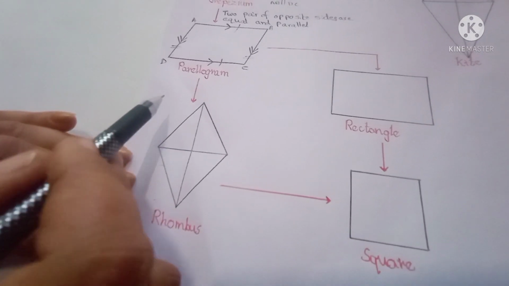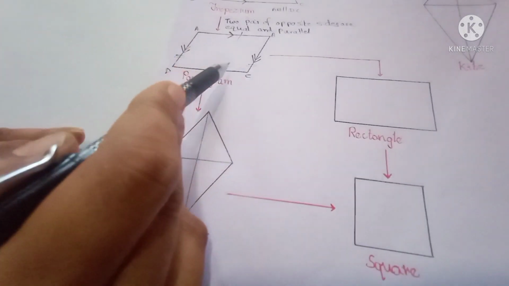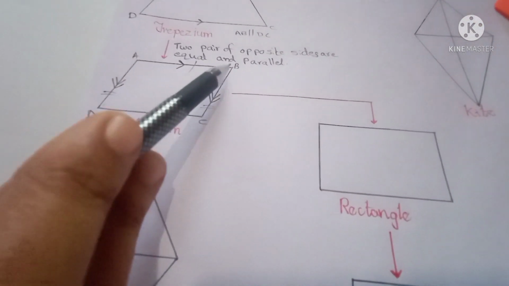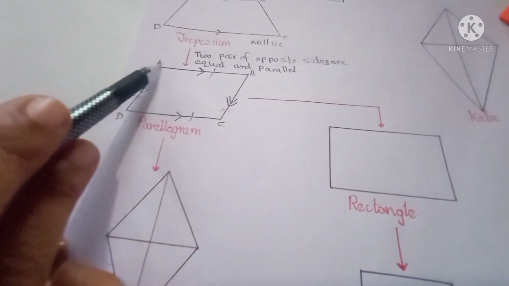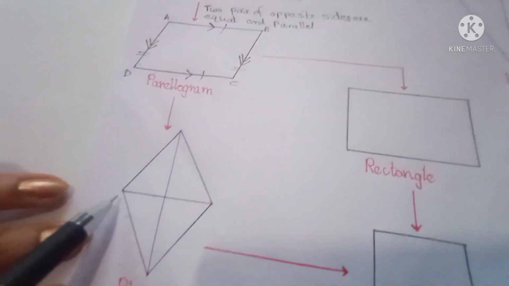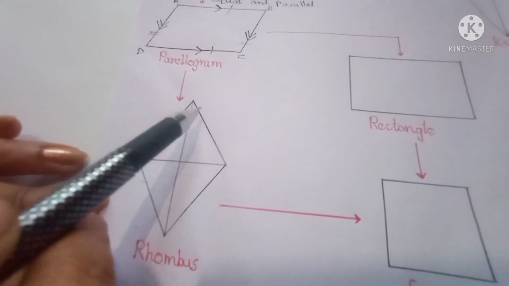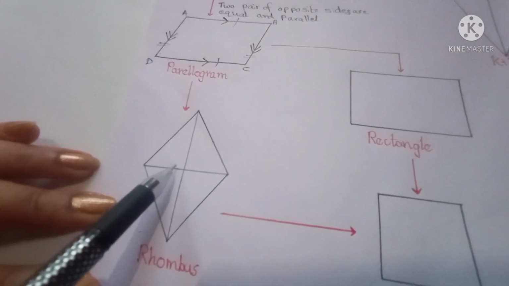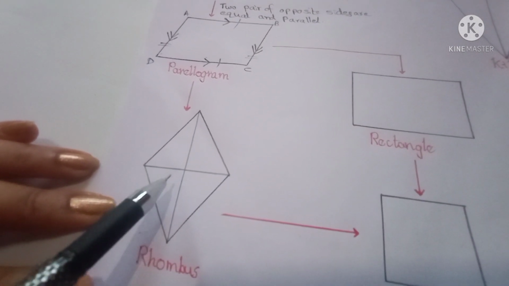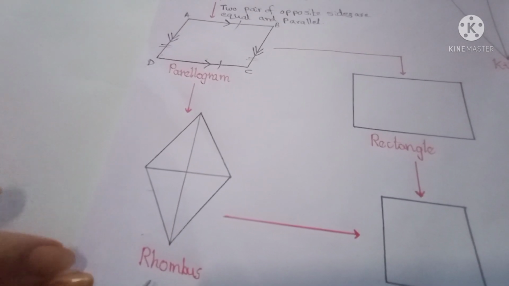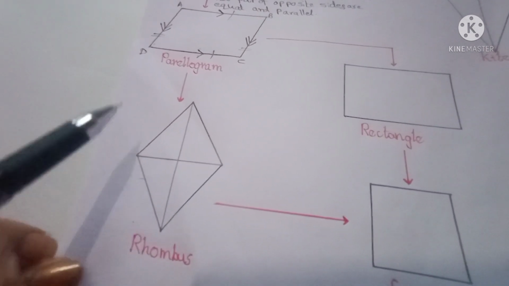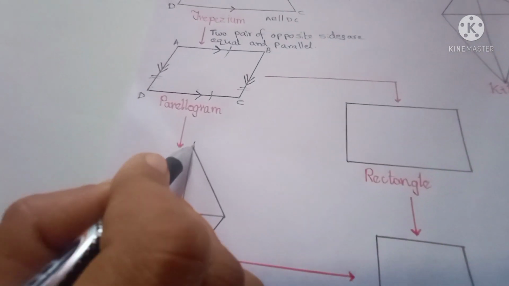In a parallelogram, if all sides are equal, they call it a rhombus. It becomes a rhombus. Just name it.